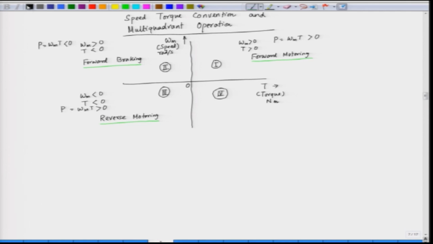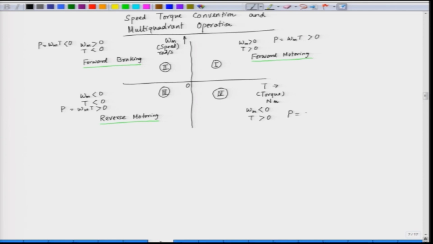In the fourth quadrant, what is the speed here? The speed has reversed. Speed is negative. What about the torque? The torque is positive here. The speed is negative, but the torque is positive. So, what about the power here?